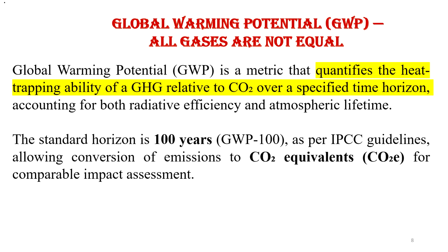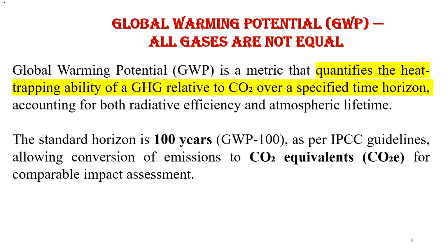Basically, global warming potential is a metric which measures the heat-trapping ability of a greenhouse gas relative to CO2 over a specified time horizon. What it means is that it measures how much heat a gas traps in comparison to carbon dioxide, evaluated over a time period.